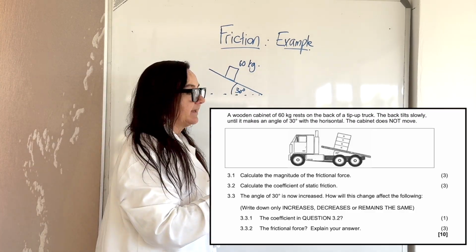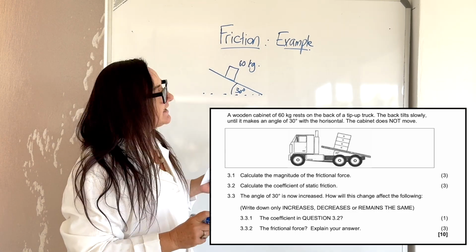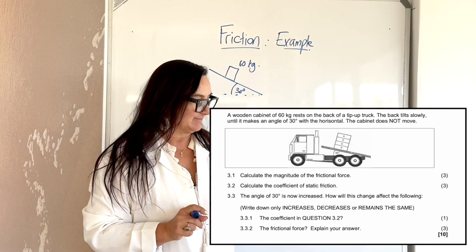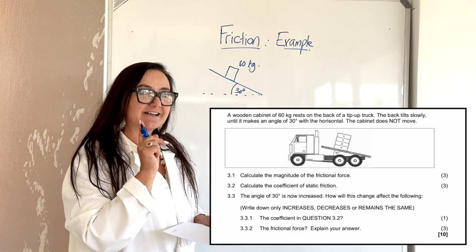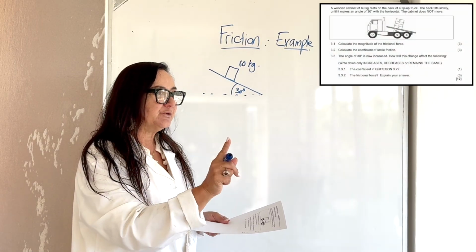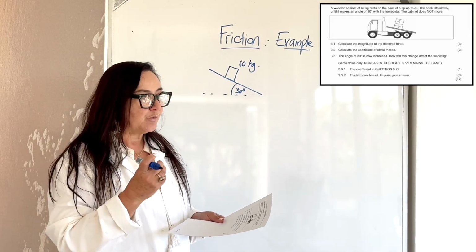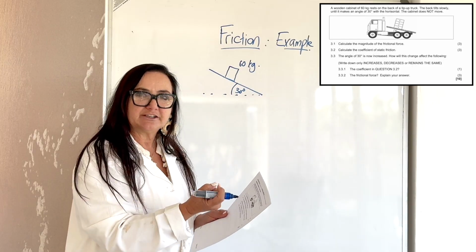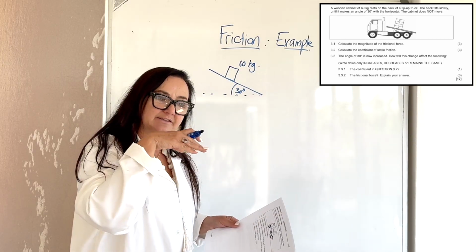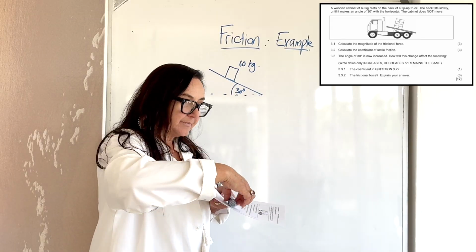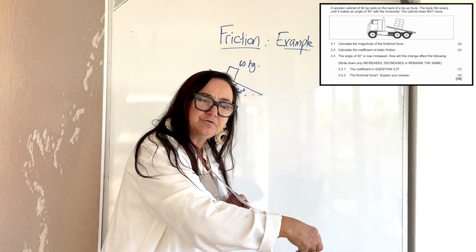All right, the cabinet or the object does not move. Very interesting. Now what we know about weight is that weight is going to try and pull that cabinet down. So anything that I'm putting on a slope is going to move down the slope.